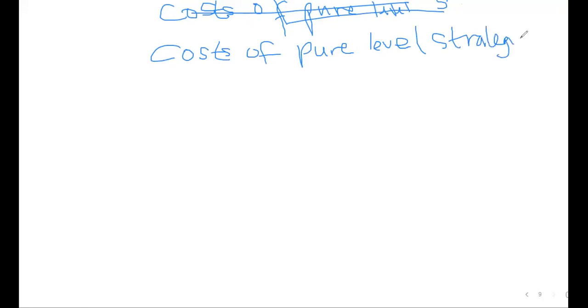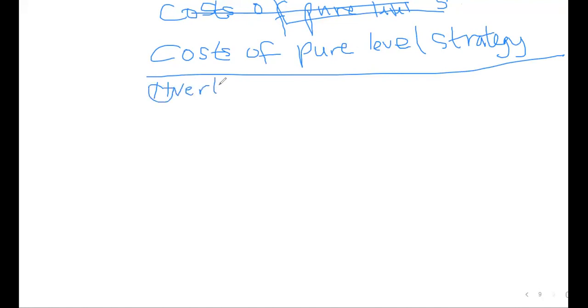There's no hiring here, so it can be the overtime cost.